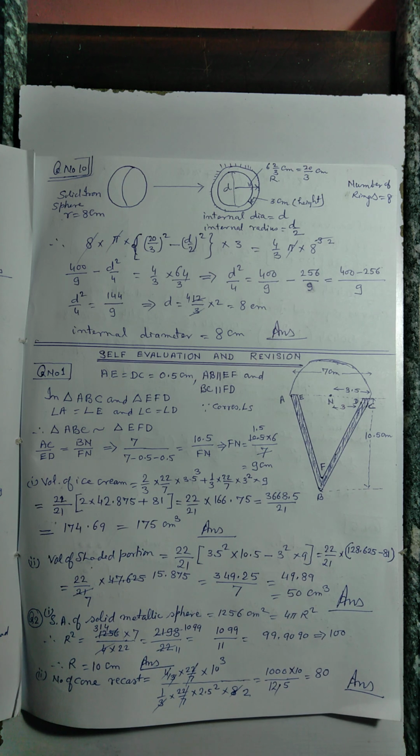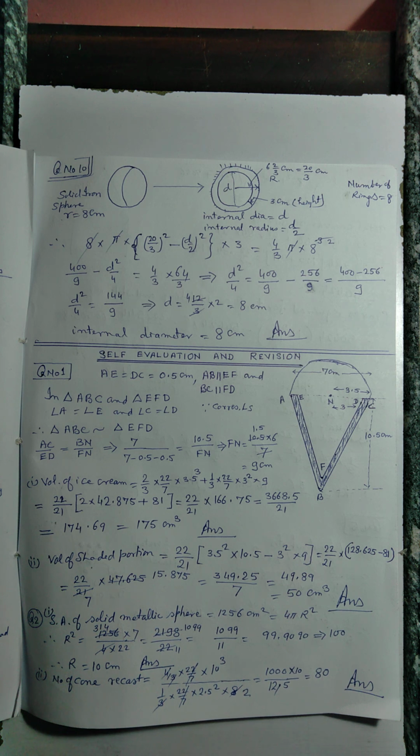The outer shell ABCDEF is shaded and not filled with ice cream. AE is equal to DC, that is equal to 0.5 centimeter. AB is parallel to EF and BC is parallel to FD.